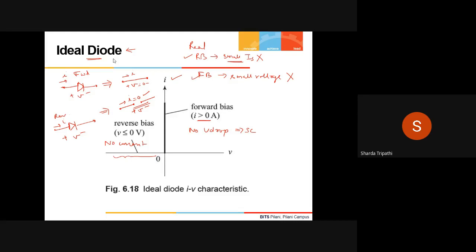So we are compromising very little on the accuracy, but we are simplifying the analysis to a very large level. So here I will stop. In the next class, we will see applications of these ideal diodes as rectifiers and as clippers and clampers, where we are going to use this concept that when the diode is forward biased, it is a short circuit, and when the diode is reverse biased, it will be replaced by an open circuit.